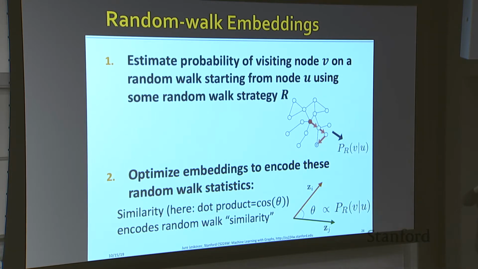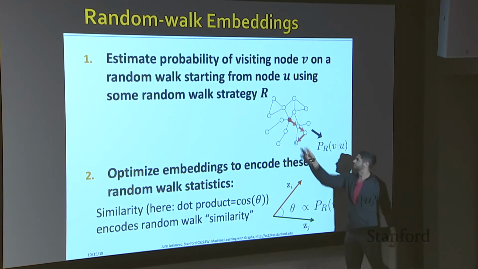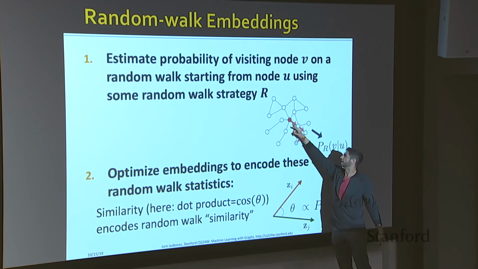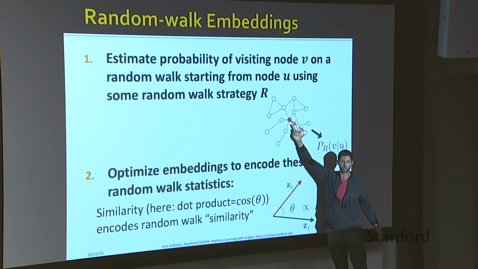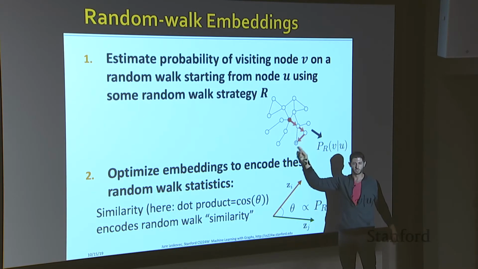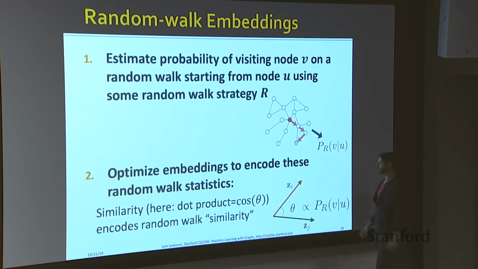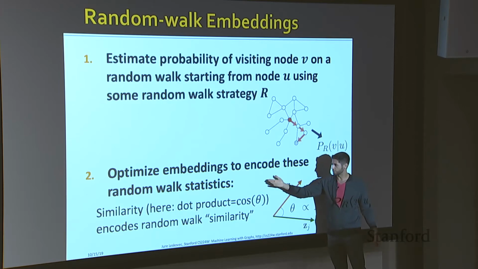Okay, so this is a bit more of a visual example. Once again, starting from node U, when we say that they have to co-occur in the same random walk, keep in mind that it doesn't mean that after U, the first step should be directly B. They just have to be part of the same path that the random walk has been going through. Once we set this initial probability estimation, we want to optimize our embeddings to encode these random walk statistics.